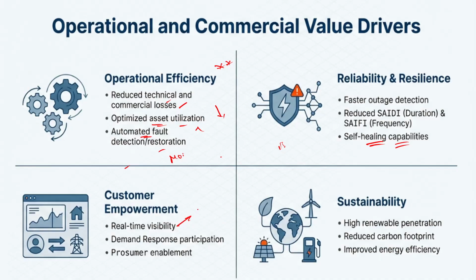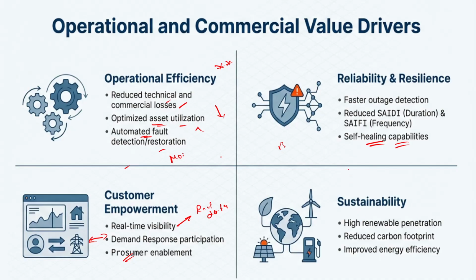They can see the real time data, and demand response participation. Basically the customer can participate in the demand, so he can see if the demand is going up or not, and if he has a micro grid, he can pump his power into the main grid, so he can be a prosumer. So this is what we are trying to achieve.